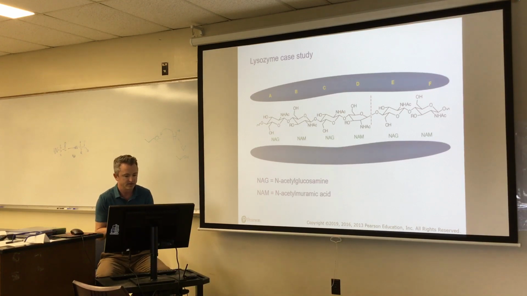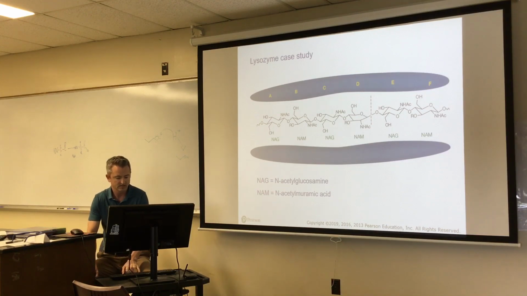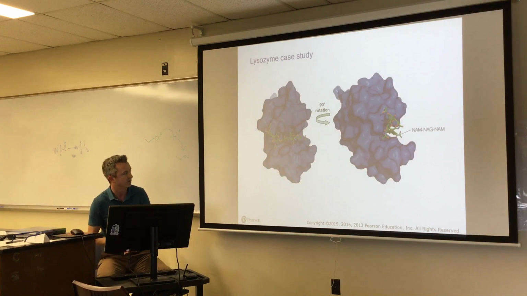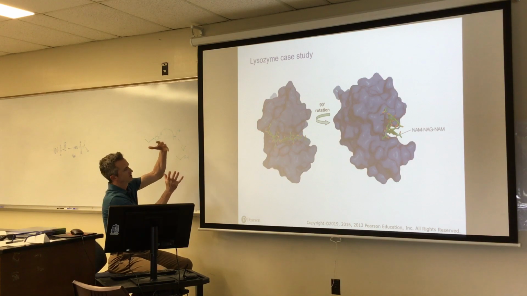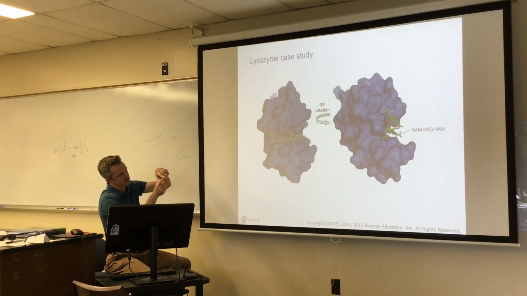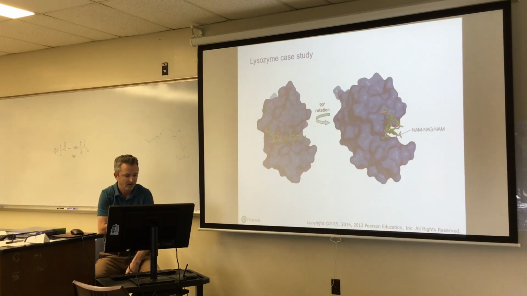And you end up with essentially a NAG-NAM trisaccharide that's encased within the lysozyme cleft or the active site. The next slide gives you a better view of that in the three-dimensional conformation. They've showed you at the front where the active site or the cleft is facing you, and then they turn it to the side so that you can get a better view of what that looks like there.